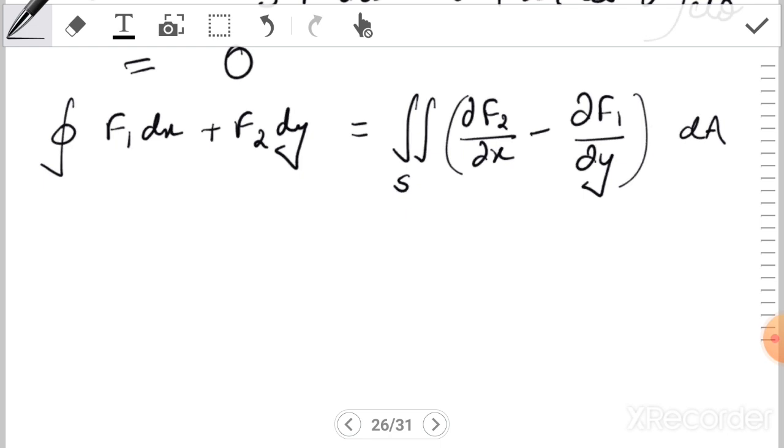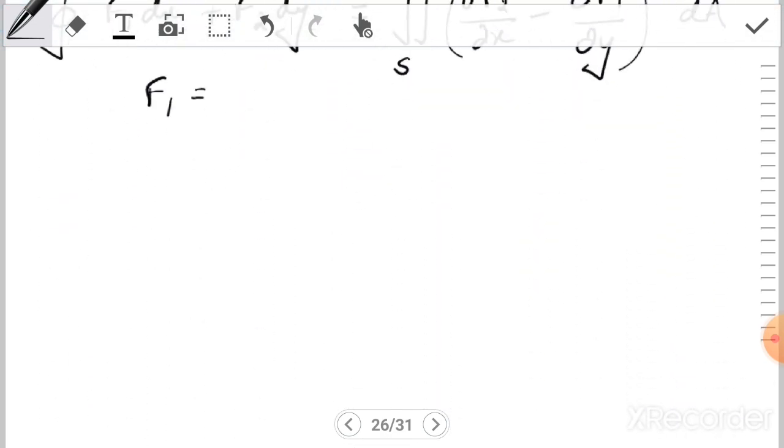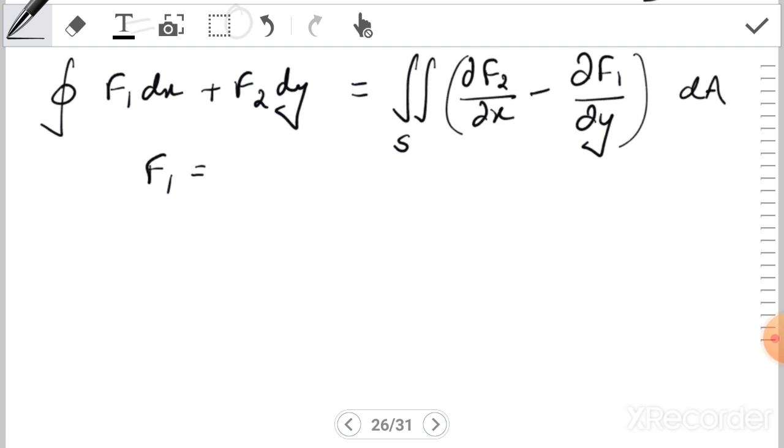So here f1 is equal to y square plus 2yx and f2 is equal to 2xy plus x square.